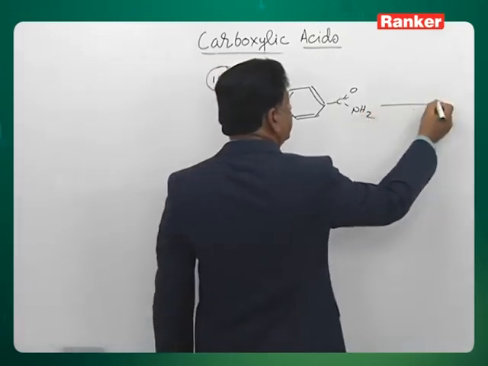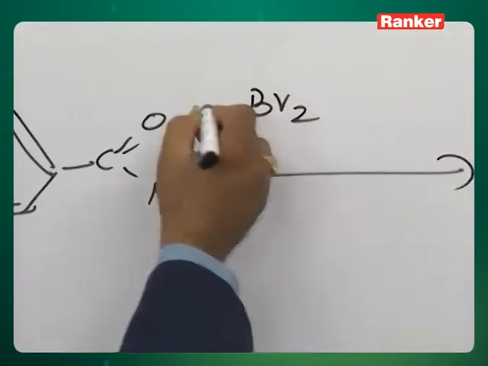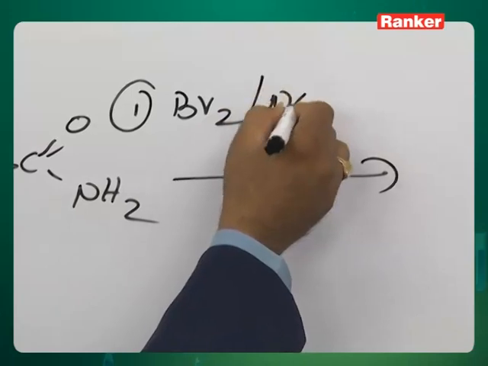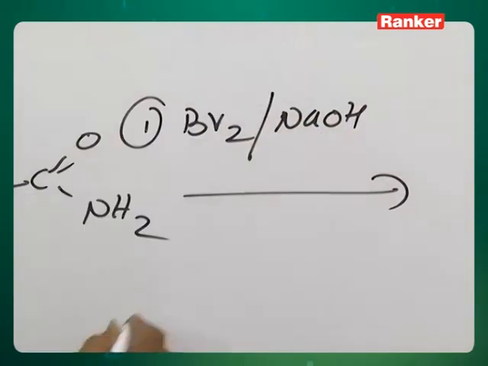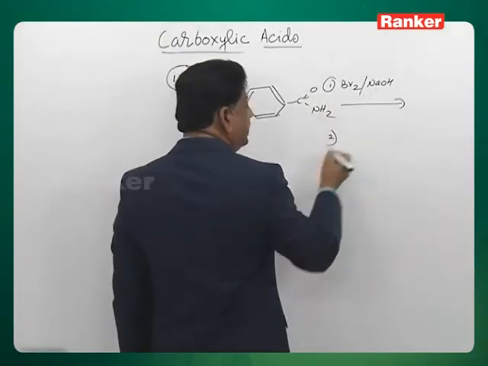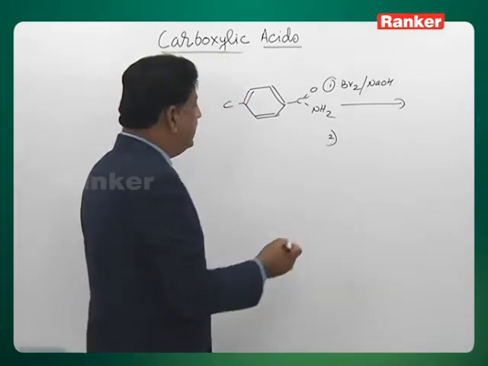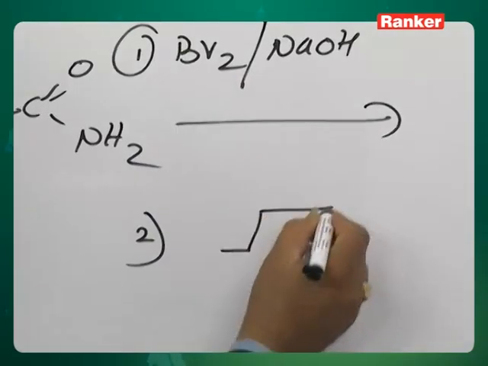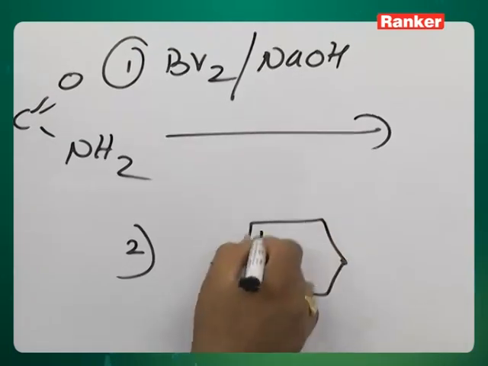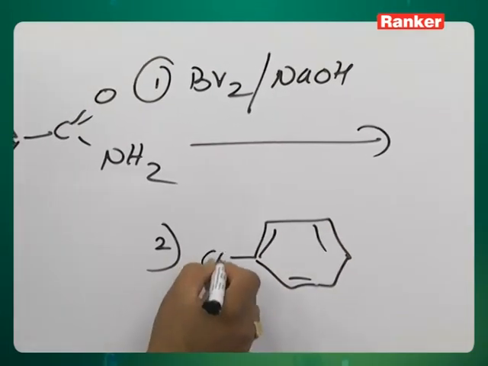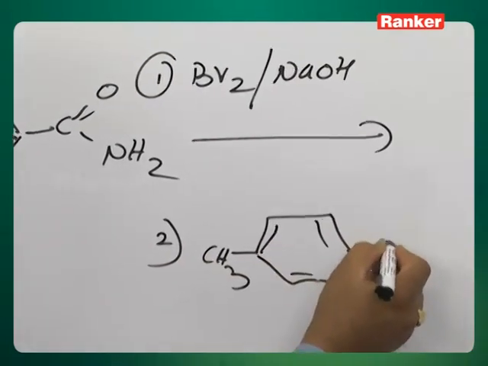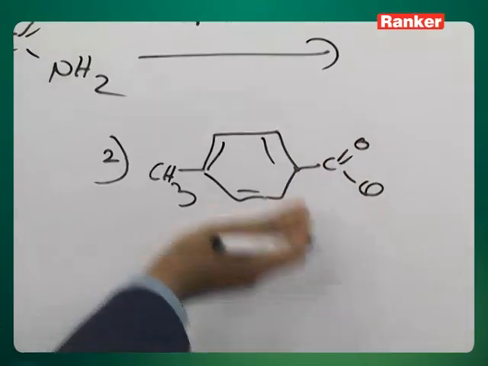There are 2 reactions given. Bromine and NaOH is the first reaction. The product formed in this reaction is subsequently treated with a benzoyl chloride containing a methyl group, a paramethyl benzoyl chloride. So this is treated with this compound.